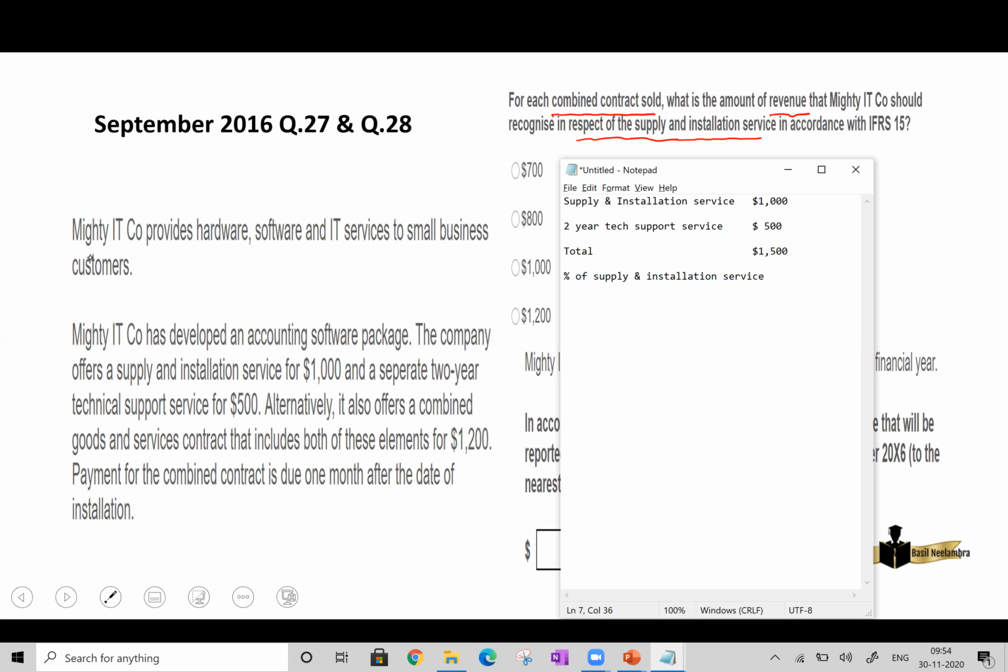Out of total 1,500, supply and installation service accounts for 1,000 out of 1,500. Now use your calculator to find the percentage. 1,000 divided by 1,500 in percentage is 66.67. Or you can simply say 67%. So I'm just taking 66.67%.